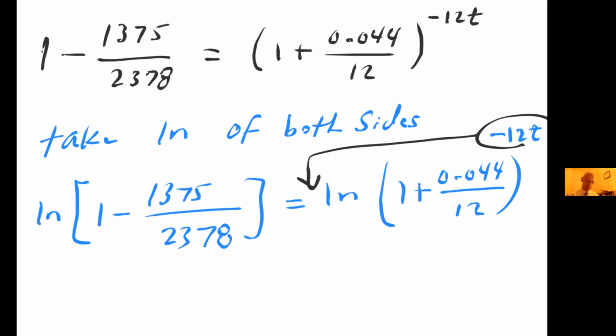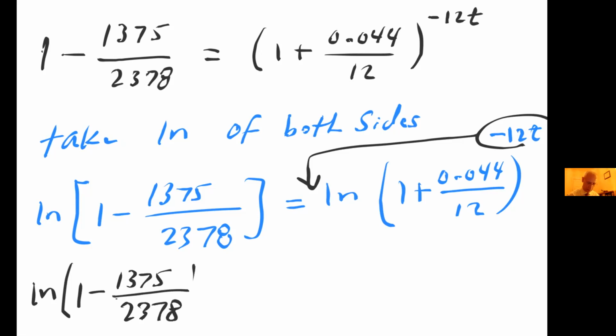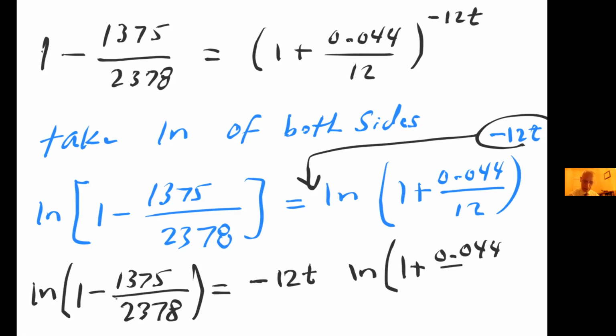So I have the natural log of 1 minus 1,375 divided by 2,378 equals negative 12t times the natural log of 1 plus 0.044 divided by 12.